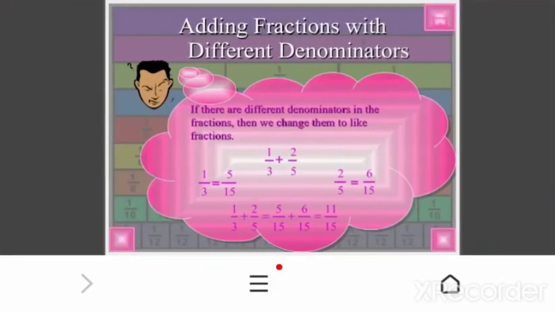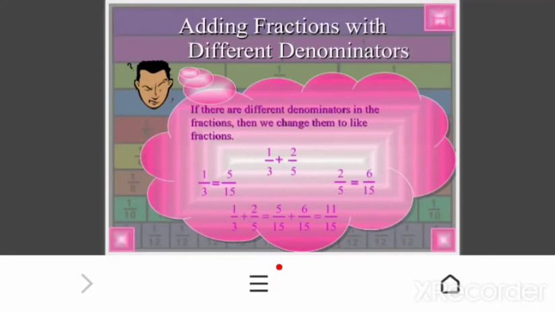Now children, adding fractions with different denominators, that is, addition of unlike fractions. So children, what will you do? If there are different denominators in the fractions, then children, you should change them to like fractions. For example, suppose 1/3 plus 2/5. If you see, both are unlike fractions. So what will you do?